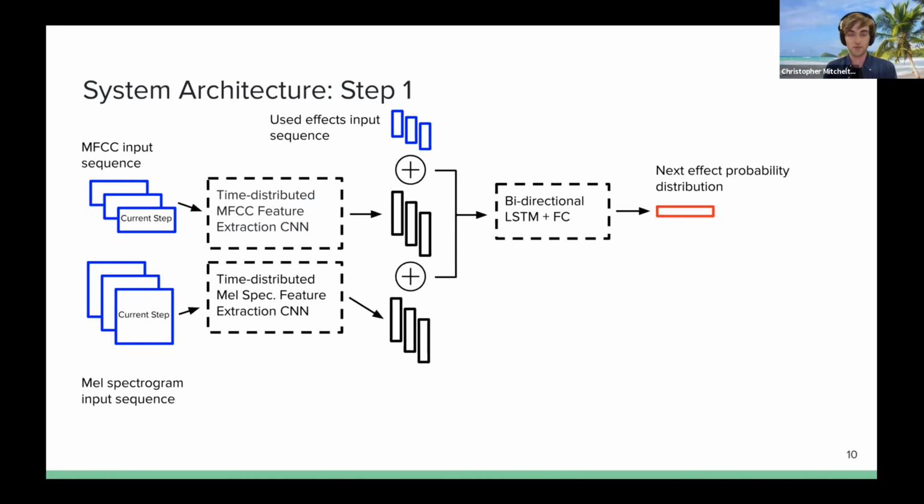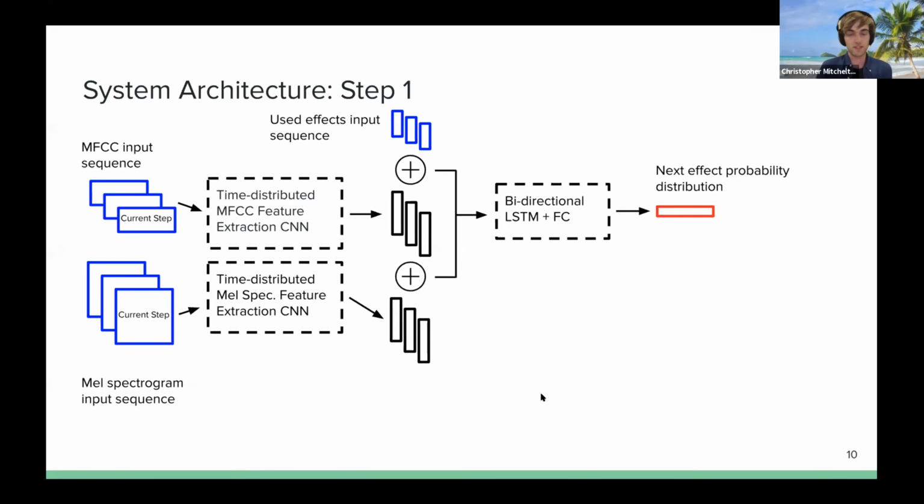And then what we do is we concatenate those pictures of the audio with the spectrogram of the target audio to create a 2-channel image. So then we have a time-distributed CNN for the cepstral coefficients and for the spectrograms, which embed the features of the audio into a sequence of embedding vectors.